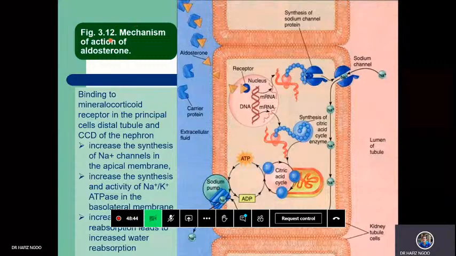The mechanism of action of aldosterone is mainly on the principal cells of the distal tubule and the collecting duct of the nephrons.